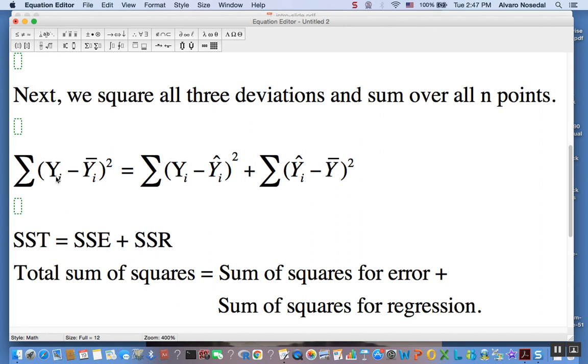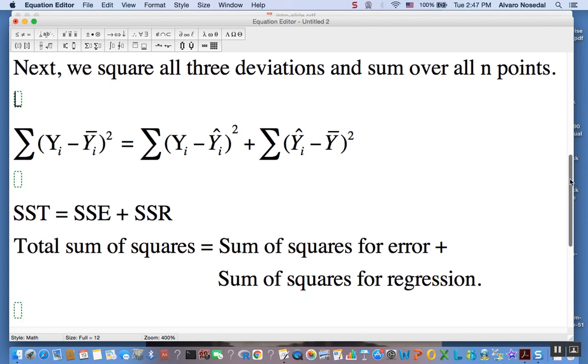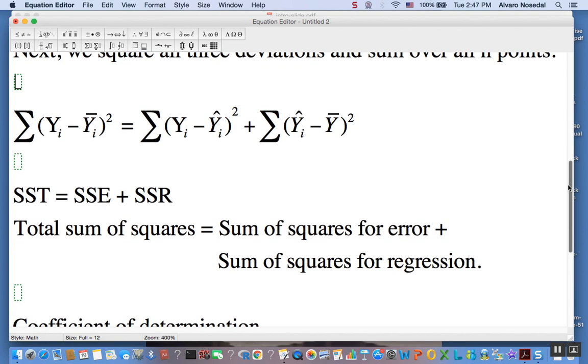This would be SYY minus beta 1 hat SXY equals SSE. So it's just another way of expressing that, but this will be important for the interpretation of the coefficient of determination.